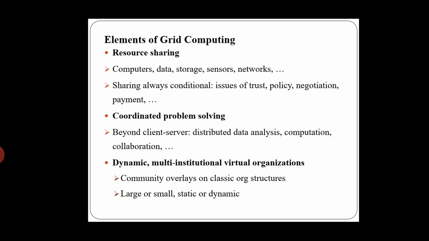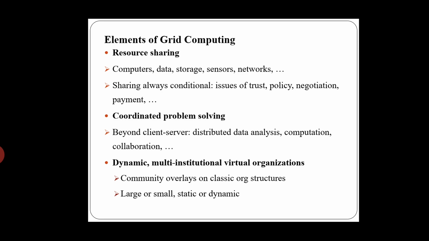One more point: it uses standard and open general purpose protocols and interfaces, and it delivers non-trivial qualities of service. A grid allows its constituent resources to be used in a coordinated fashion to deliver various qualities of service.